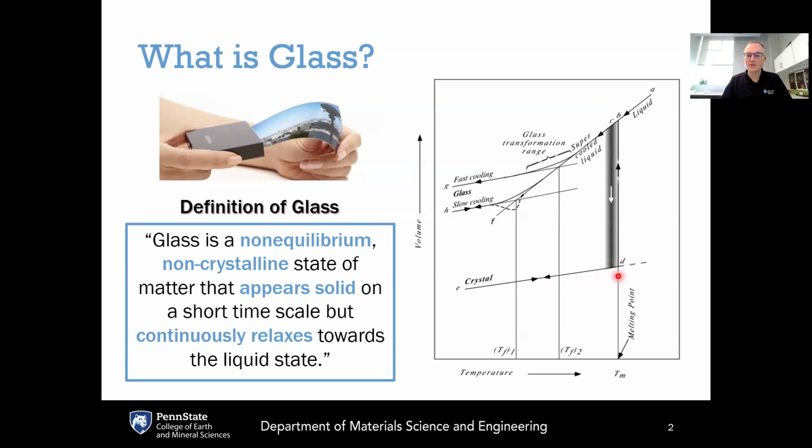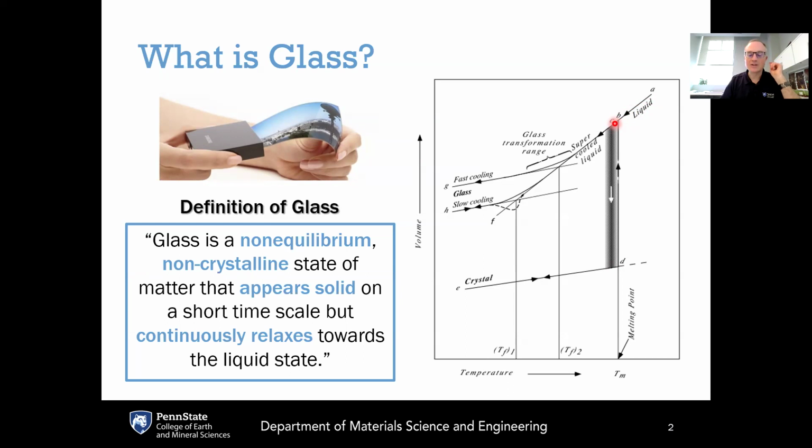So if you take the crystal and heat it just slightly above the melting point, that's when the melting will occur, and that's where you would obtain the liquid state again. So one question is, why is it that the liquid crystallizes slightly below the melting temperature of the crystal rather than at the melting temperature itself?